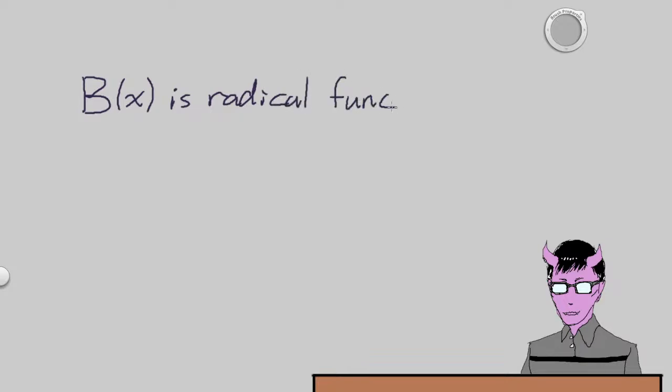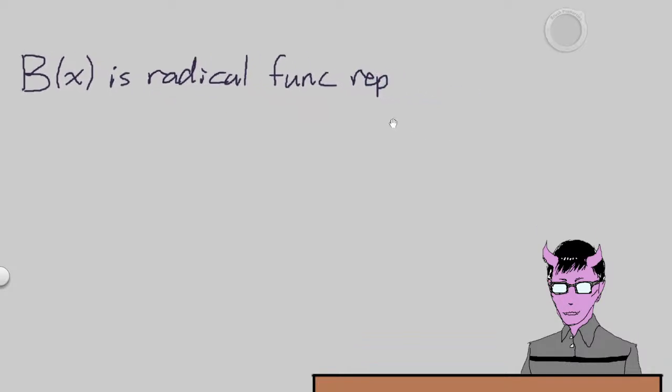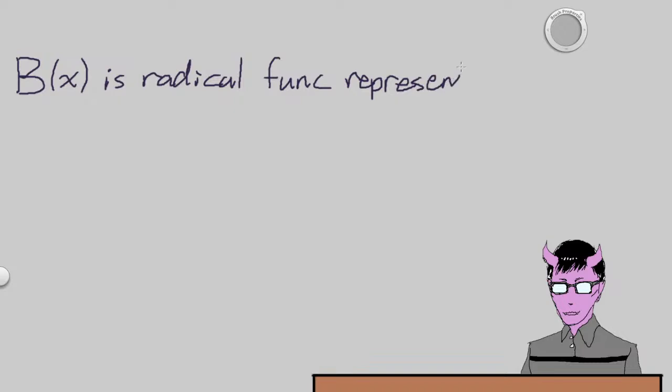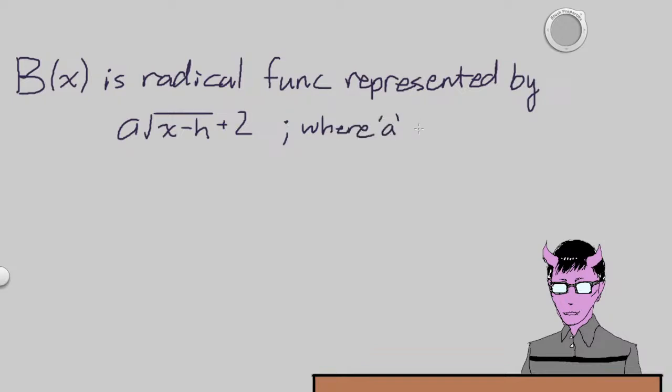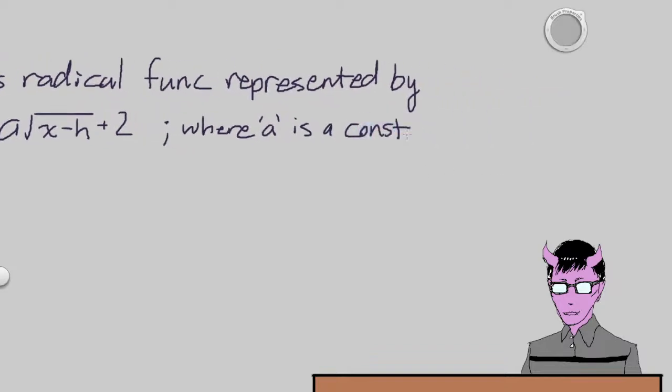So it's a radical function represented by amplitude times square root of x minus h, and then +2. Interesting. Where a is a constant. It's not a variable, it's a constant, which means you can solve for it.